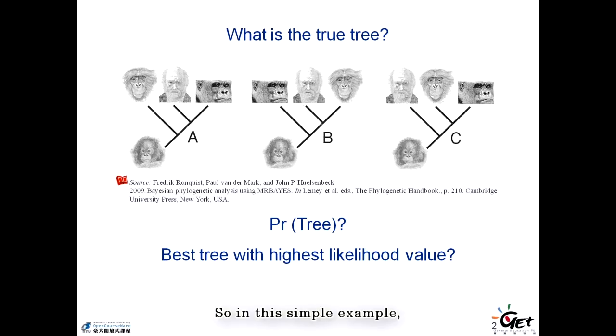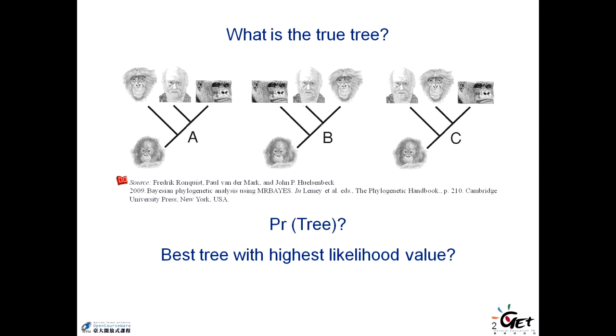In this simple example, of course, we can calculate the probability of the tree, to see which one has the highest probability to be the best tree. Or we can also use the likelihood value and put it onto the different trees to see which one has the highest likelihood value.